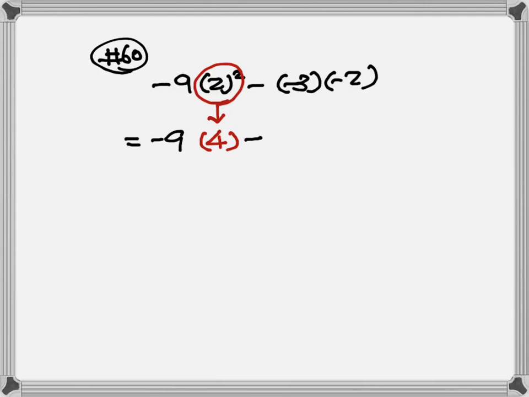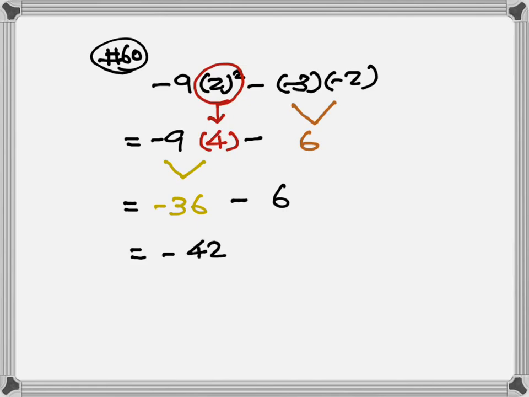Then here, we're going to do the 2 parentheses. Negative 3 times negative 2 becomes positive 6. Then after that, let's go to the front. The front here we have negative 9 times 4 is equal to negative 36. Then bring down the negative 6. So negative to negative you add. Two negative numbers you add. So it becomes negative 42.